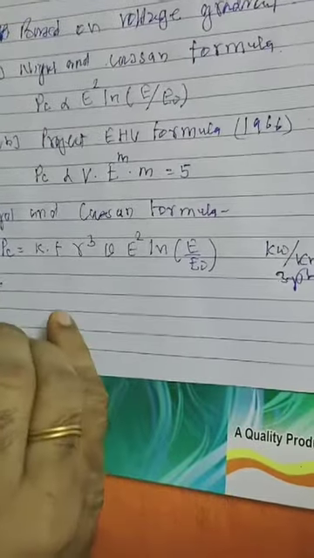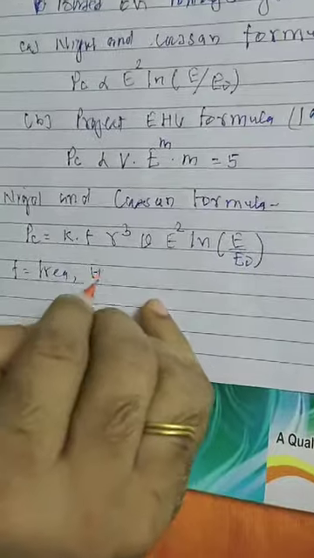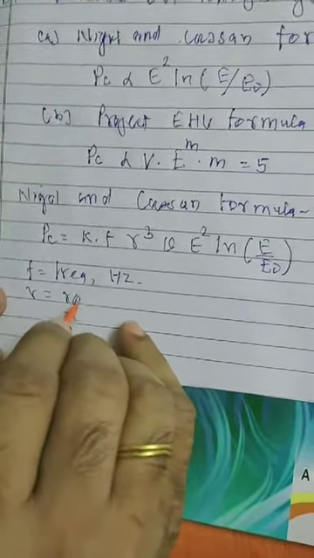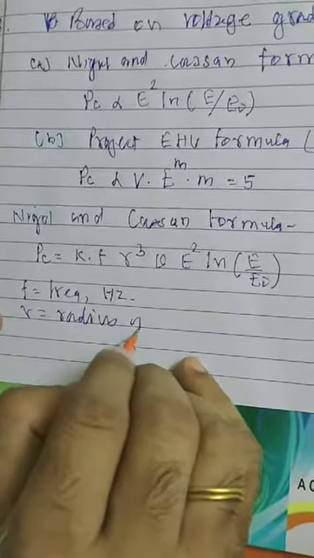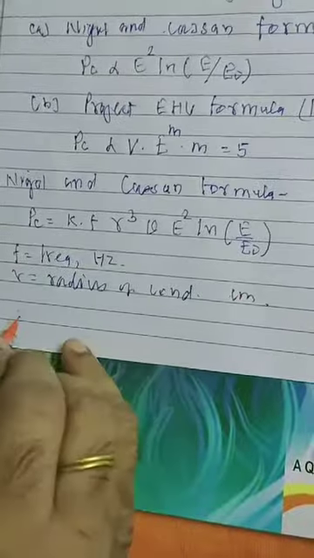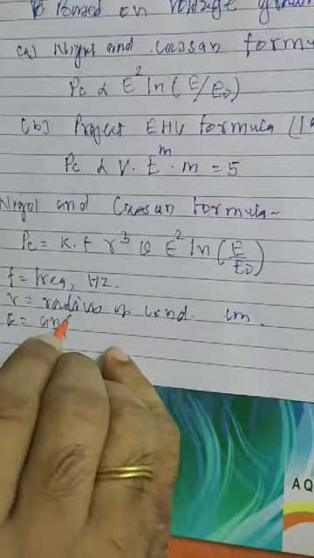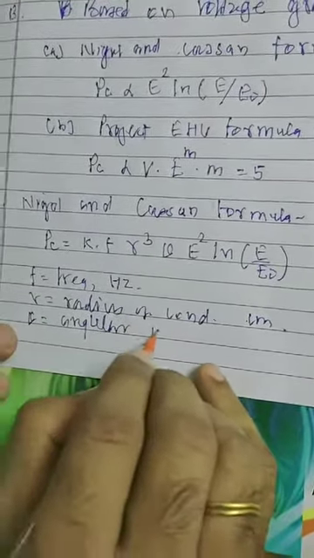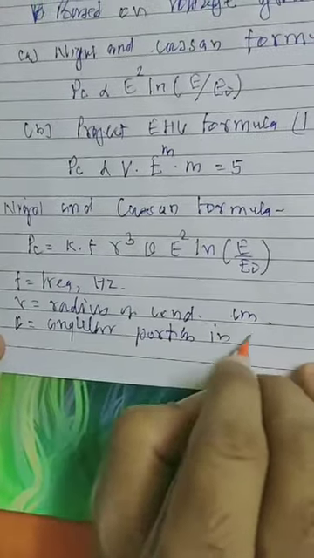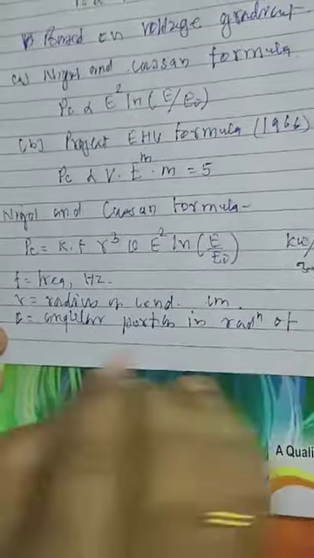Where F, as usual, is the frequency in hertz, R is the radius of the conductor in centimeter, and theta is the angular portion in radian of the conductor surface.